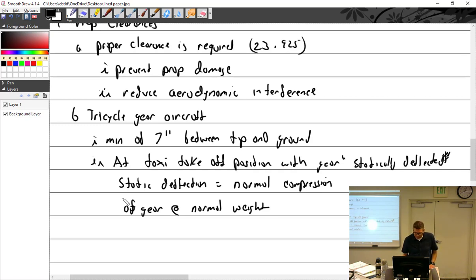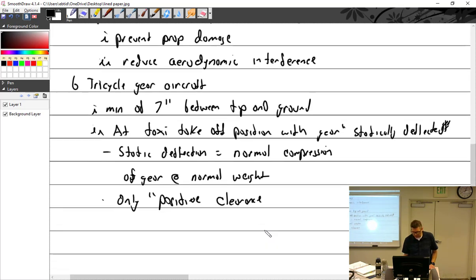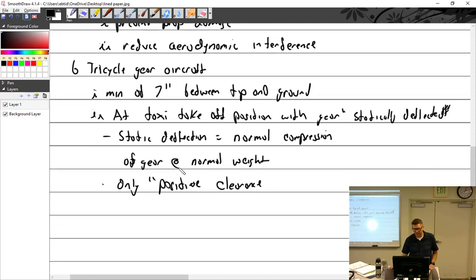You can throw in another caveat here: only positive clearance is required with strut deflated or critical tire blown.